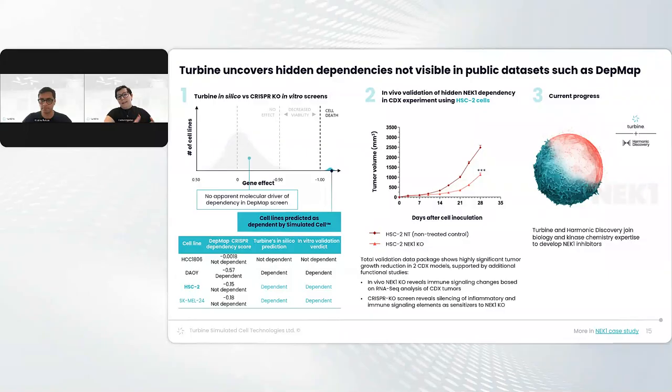And then this data package, together with the validation of the hypothesis, actually informed next steps downstream. So we've been working on identifying combination partners that can potentially boost the efficacy of the NEC1 inhibition in selected models.